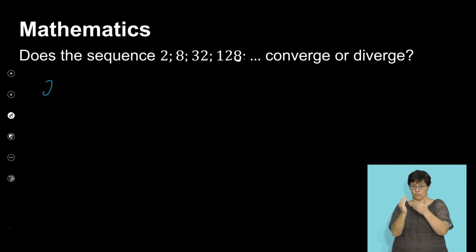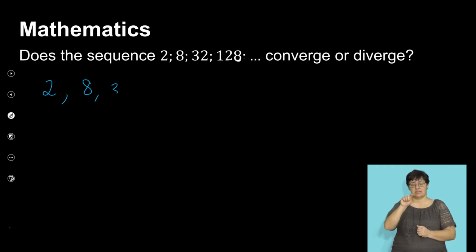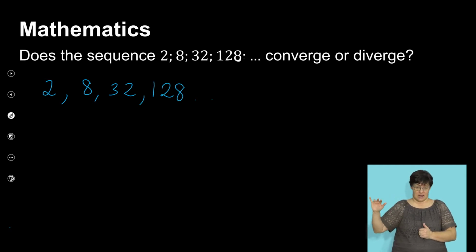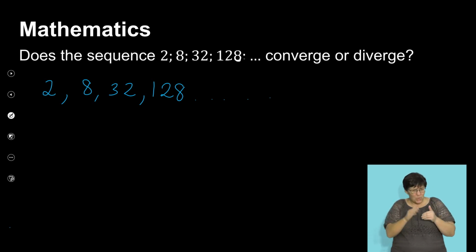So if I look at this sequence, I've got 2, 8, 32, 128 going on, but I'm sure that everyone will agree with me that these terms are not getting closer and closer to 0. These terms are actually becoming larger and larger and larger. So that is the first property of a convergent series that this actual sequence fails to meet.